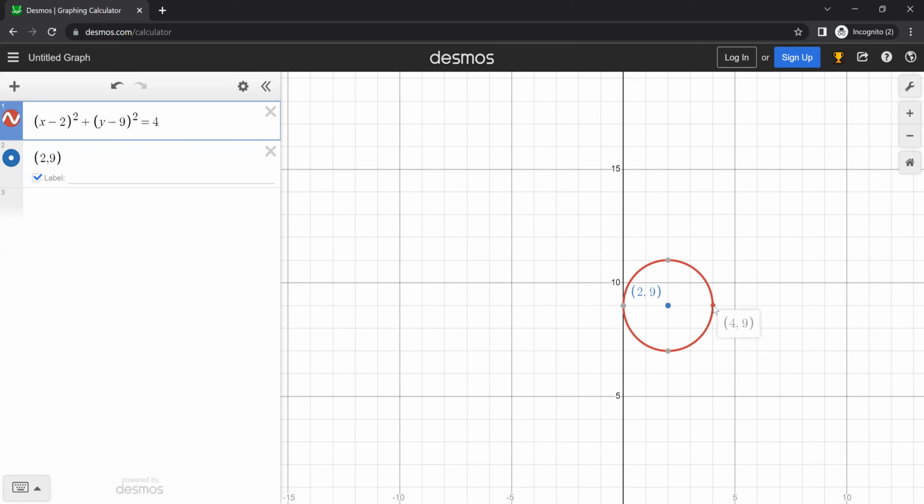So notice that 4, 9 is to the right of the circle because the radius takes you out 2 units to the right. I can similarly go left 2 units. I can also from the center go up 2 units, or I can go down 2 units.